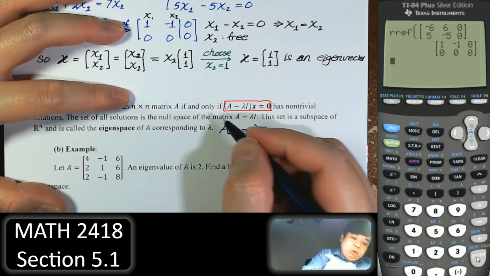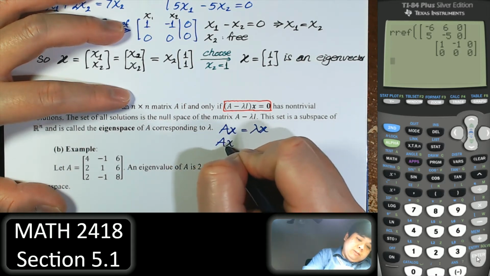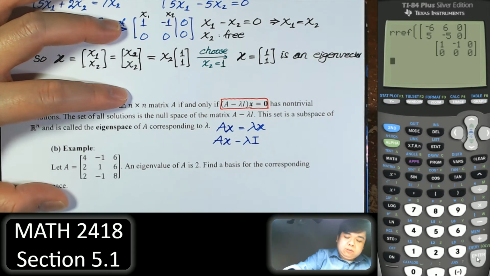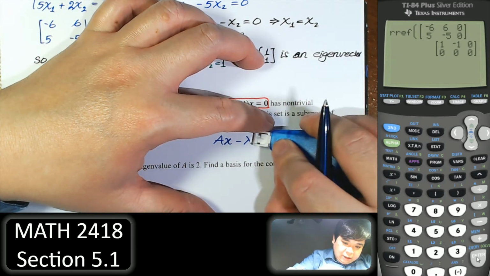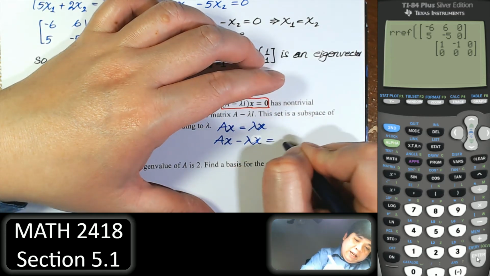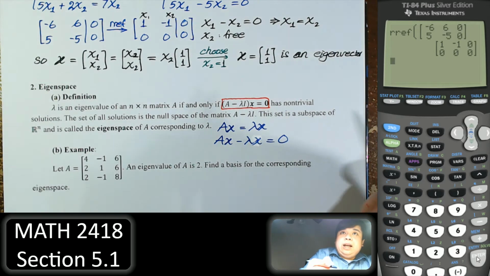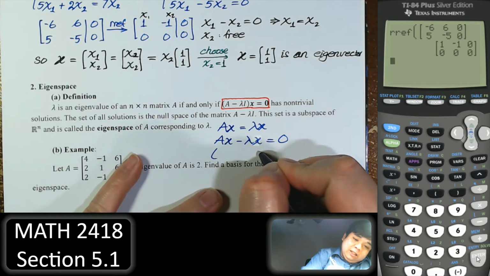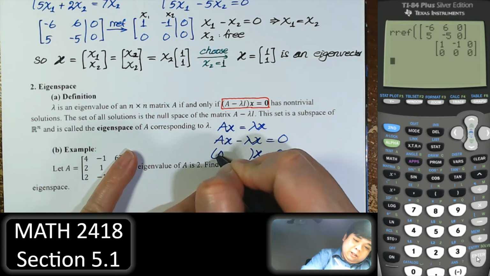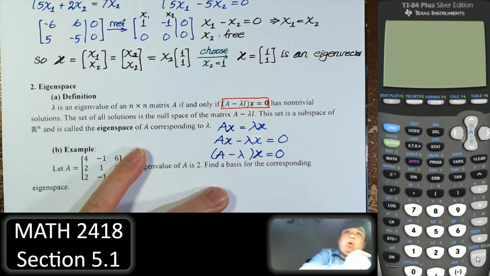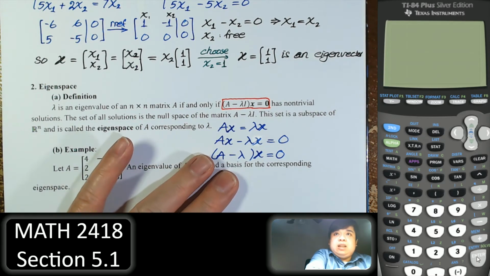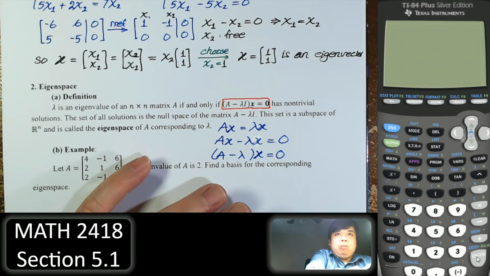Of course, we can move everything to one side, and we have a 0 vector, which is good. Now we can factor out the x. If we write it like this, that will be a problem, because A is a matrix and lambda is a number. We cannot subtract a number from a matrix.